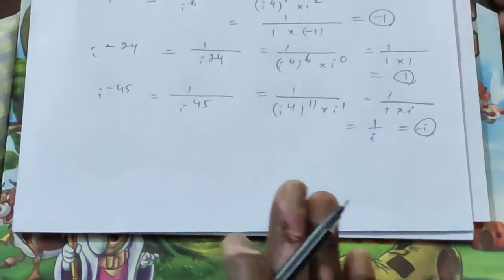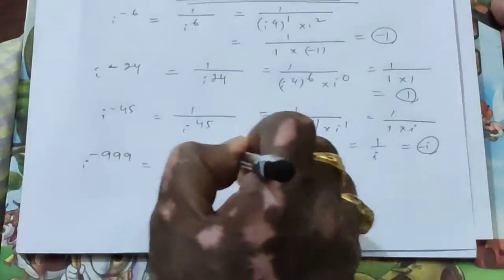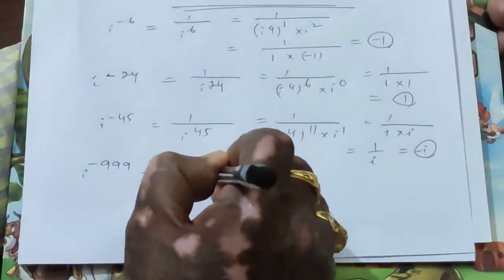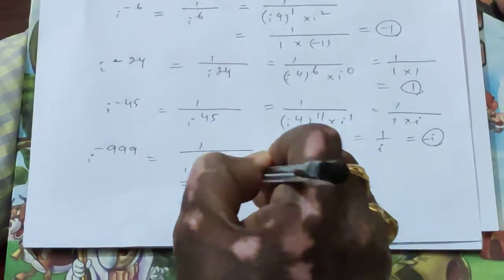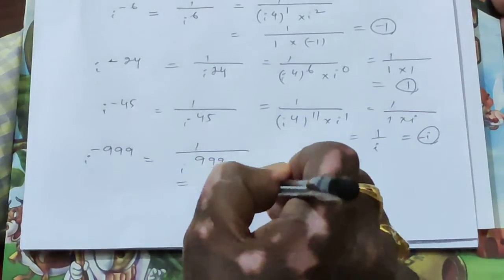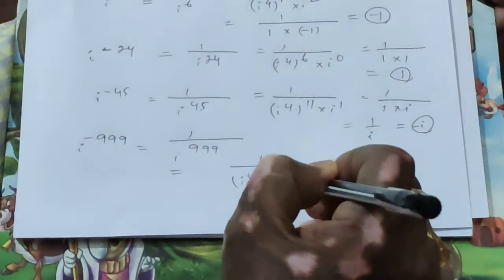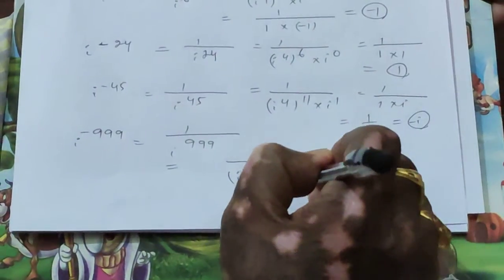Similarly, i to the power minus 999. We can write i to the power 999 equals 1 by (i to the power 4) to the power 249 into i cube.